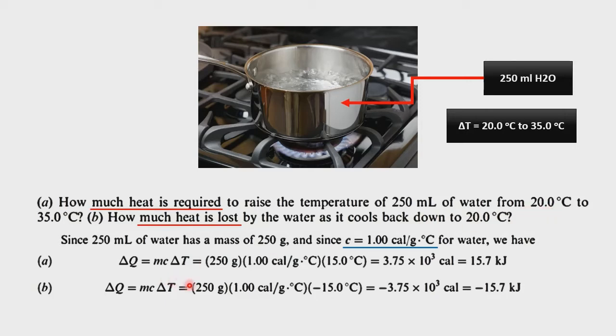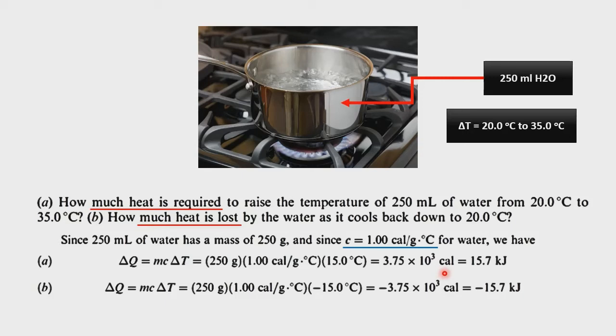Therefore, the mass is 250 grams times the specific heat of water, 1 calorie per gram degree centigrade, multiplied by the change in temperature, the final temperature of 35 degrees centigrade minus the initial temperature of 20 degrees centigrade, which is 15 degrees centigrade. The answer is 3.75 times 10 to the power of 3 calories.